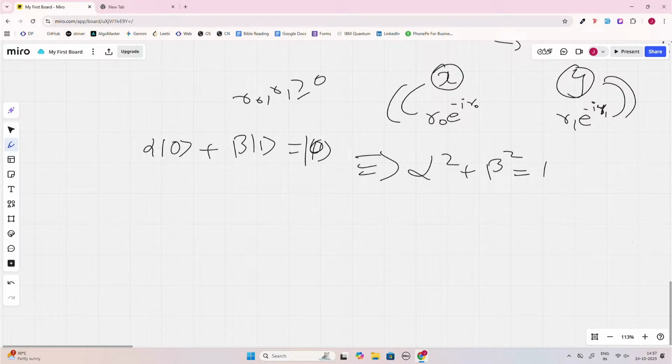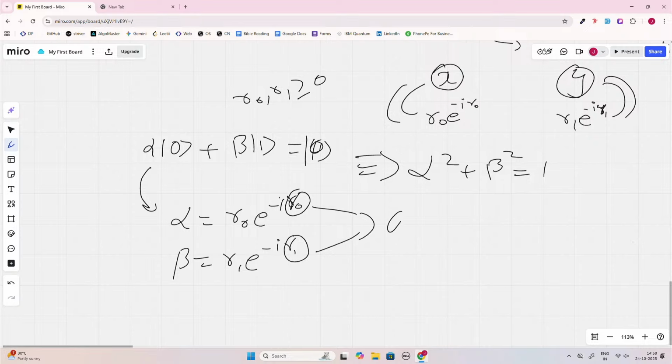Just keep these two things in mind. Now, I can show my alpha in this way. This is gamma actually, and I can show my beta in this way. Look, this is not R, this is gamma.